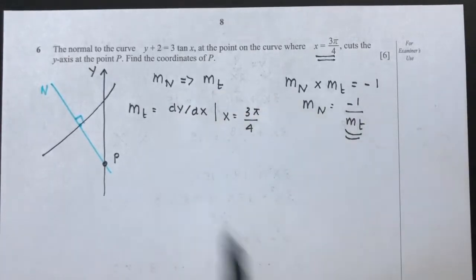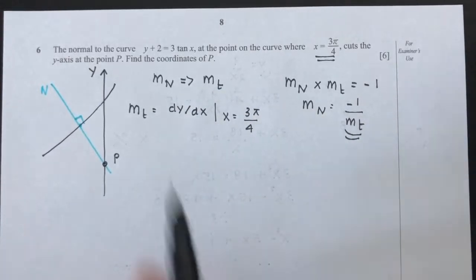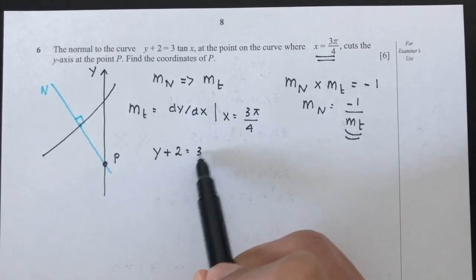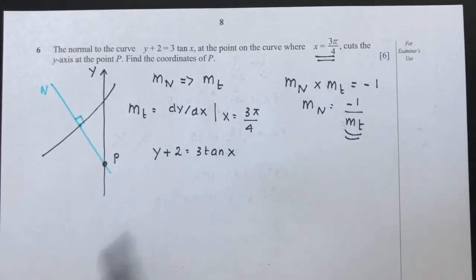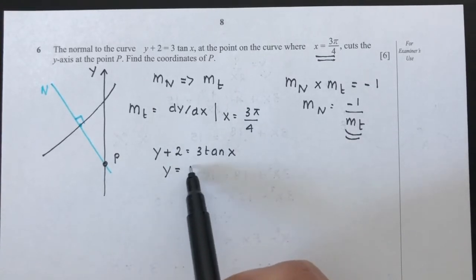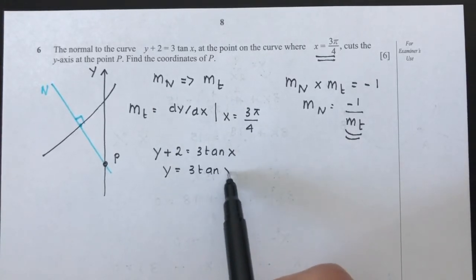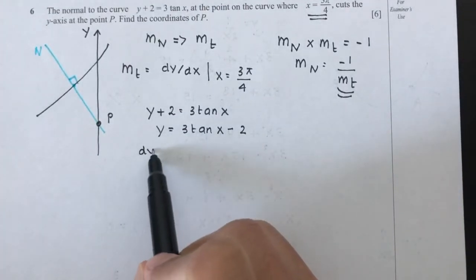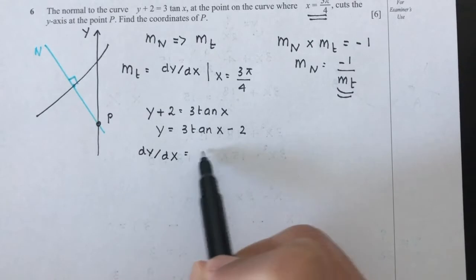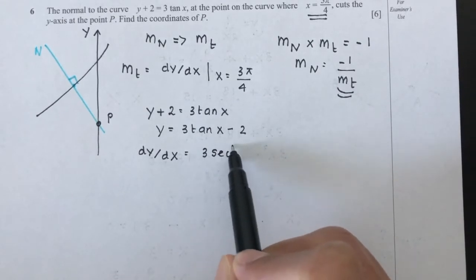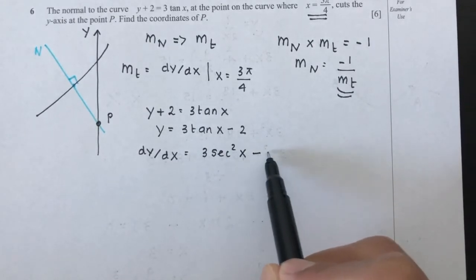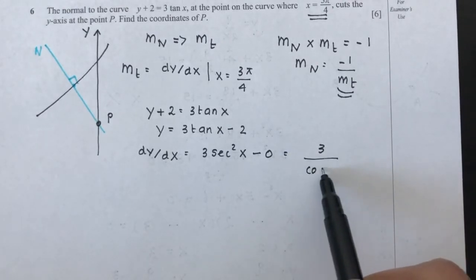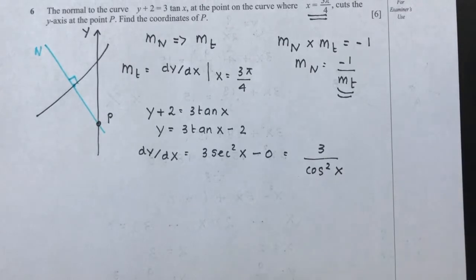So let's first find dy by dx. So we have to use our equation: y plus 2 is equal to 3 tan x. So we have to make y the subject. That will become 3 tan x minus 2. So from this we can find dy by dx. So dy by dx will be 3 sec squared x minus 0. That is the same thing as 3 over cos squared x.